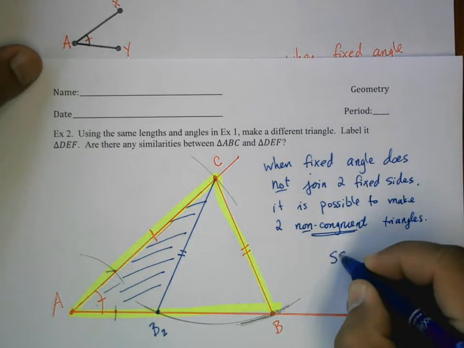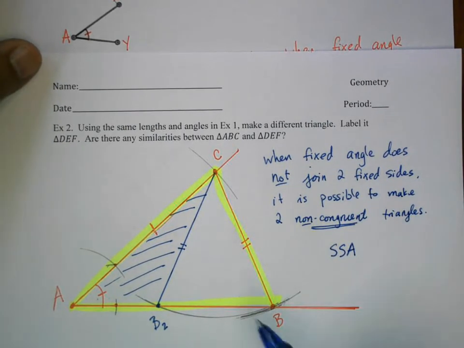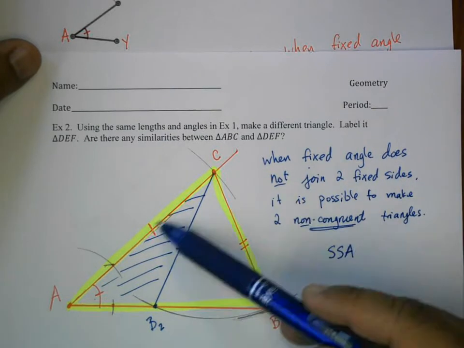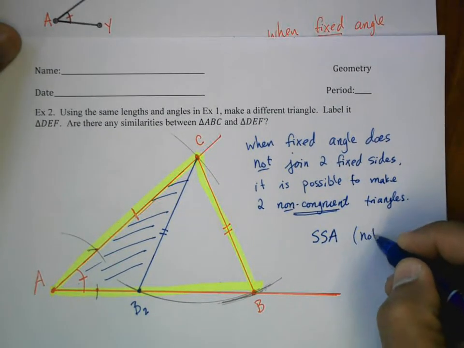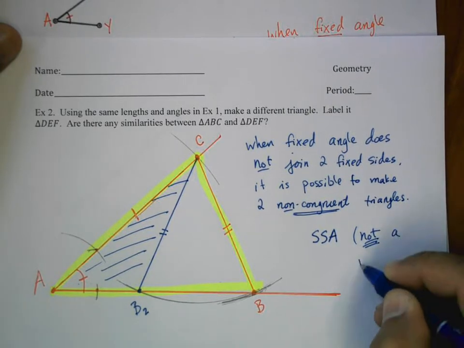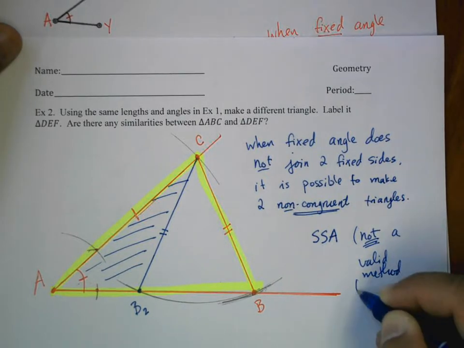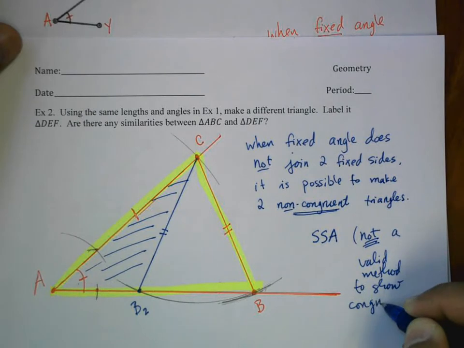So this case is called side side angle. In other words, the way we name this is side, side, and then an angle. And this is non-congruent. This is not a valid method to show congruence.